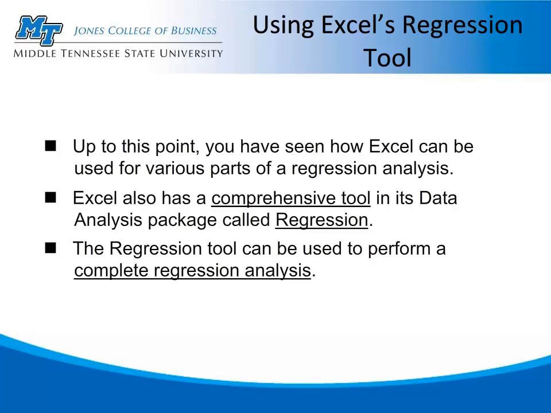Inside the Analysis group, you should have an entry called Data Analysis. All you have to do is click on that Data Analysis and go down to the R's, all the different tools there in alphabetical order. Just go down to the R's and double click on regression, or else just select it, and then click on OK.